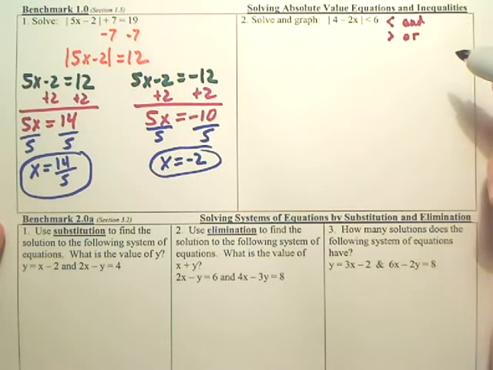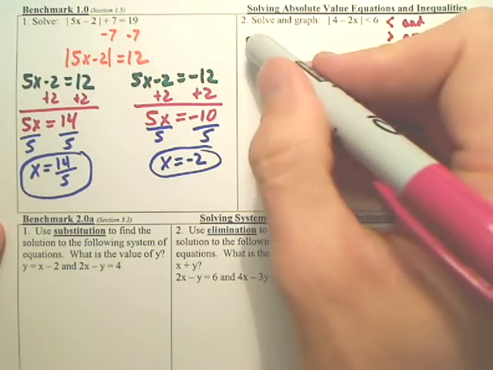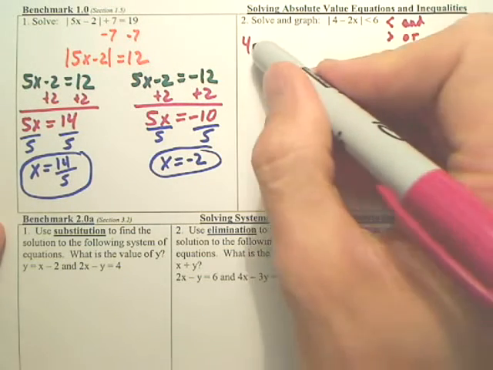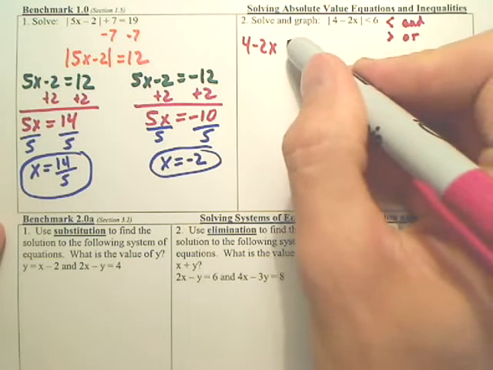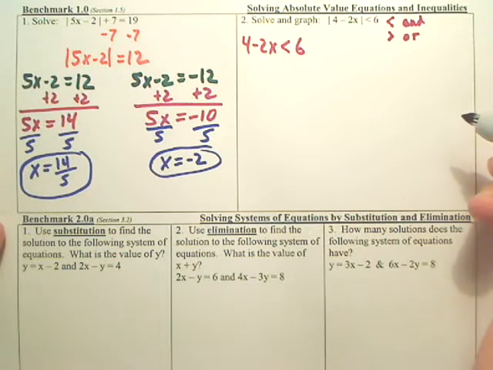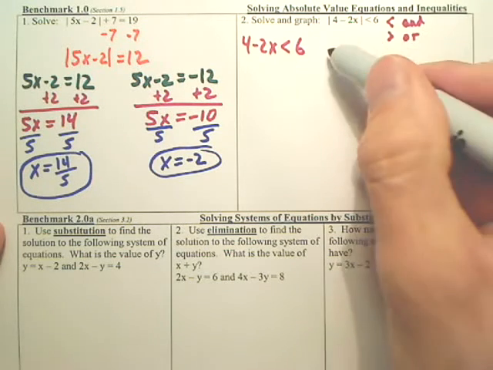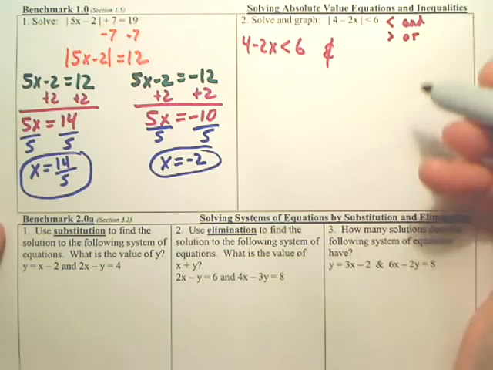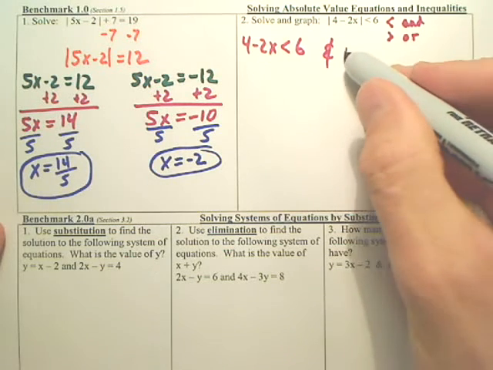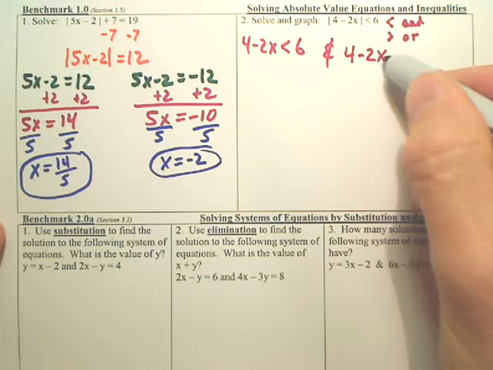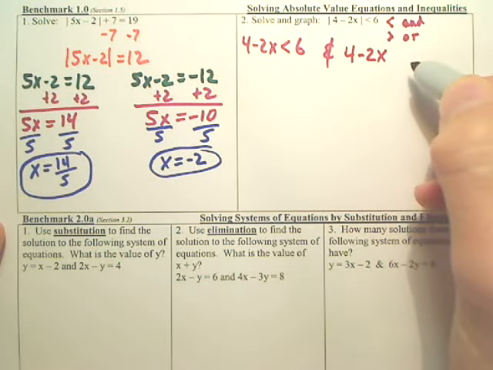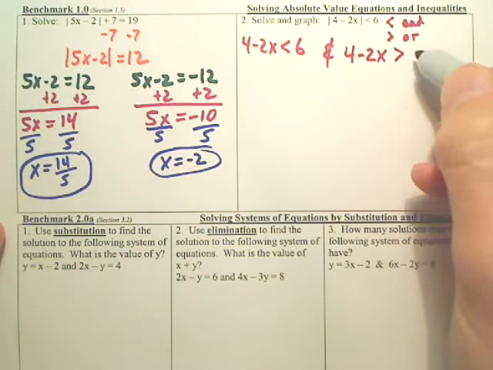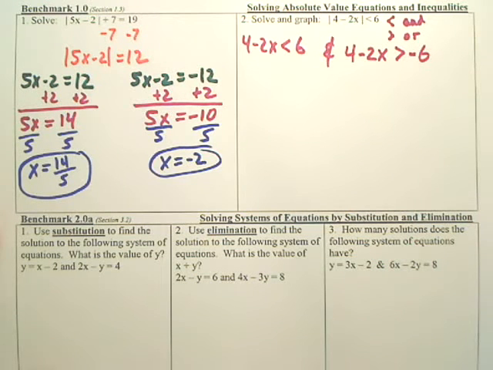So this is an and. So we're going to have 4 minus 2x is less than 6. And we said it's an and. So what's the other one? 4 minus 2x what? You flip the sign and change it to a negative. This one was an and because it started off with less than.